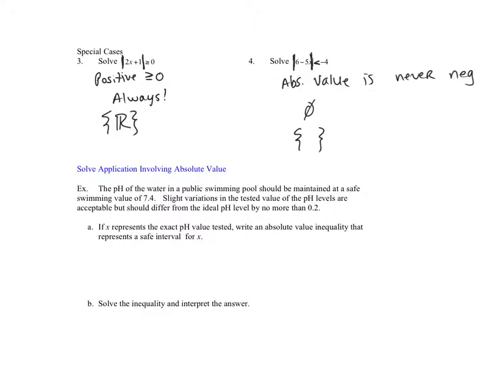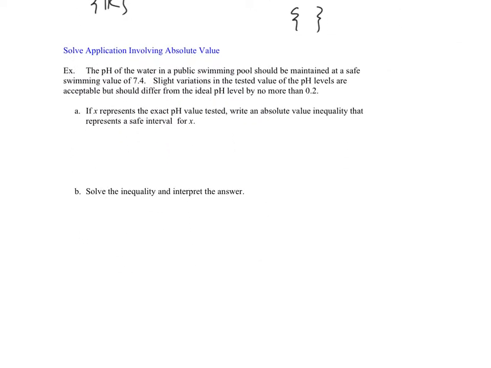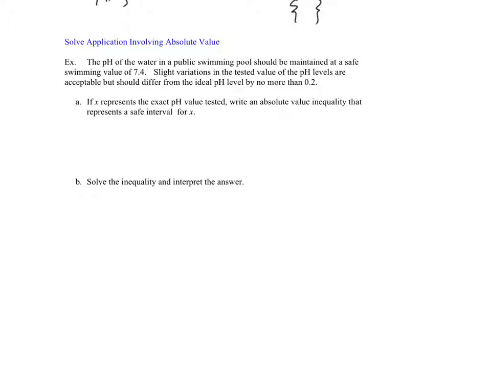Great, and now let's just look at where these show up. A lot of times when we're looking at measures of accuracy, this is where these equations would show up. So in this case, we have the pH of the water in a public swimming pool should be maintained at a safe swimming value of 7.4. Slight variations in the tested value of the pH levels are acceptable, but should differ from the ideal pH level by no more than 0.2.